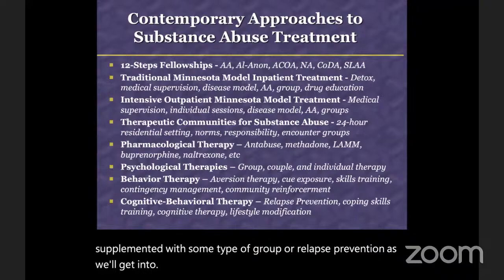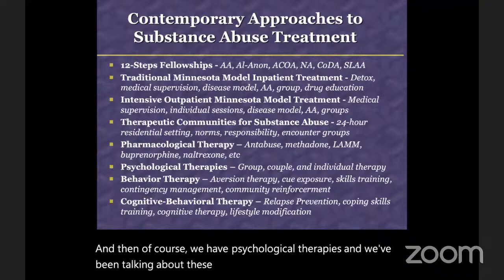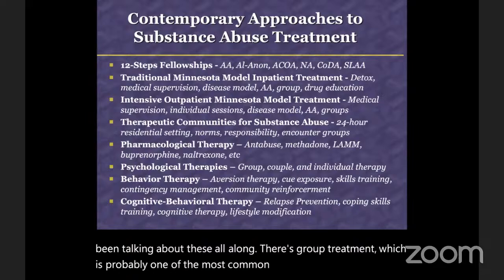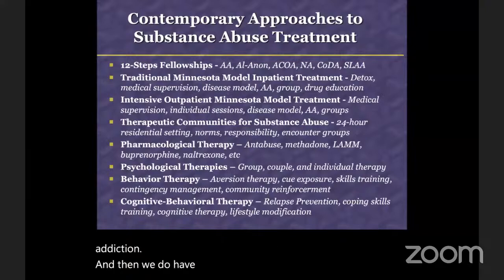And then, of course, we have psychological therapies, and we've been talking about these all along. There's group treatment, which is probably one of the most common types of treatment for addiction. And then we do have individual therapy.